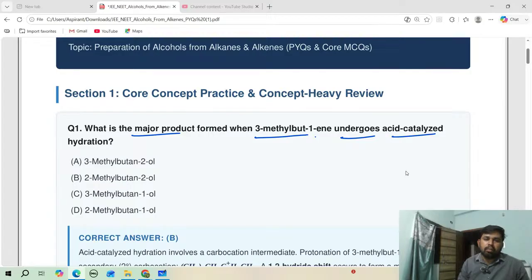So there is 3-methyl but-1-ene they are saying. But 1, 2, 3, 4. But-1-ene means here 1. 3-methyl, third place we have one CH3 group.